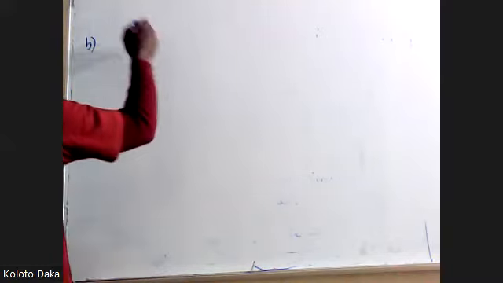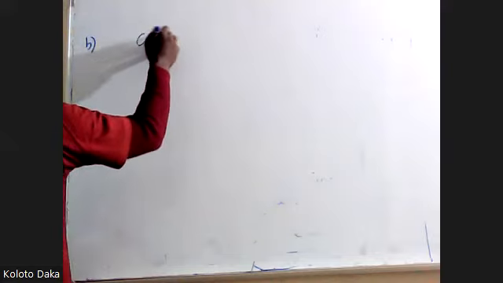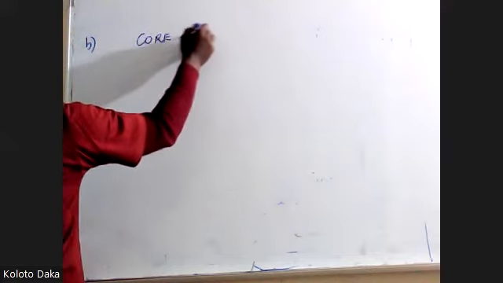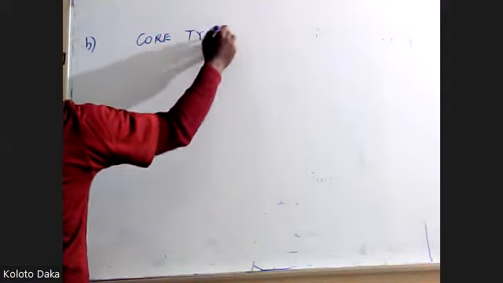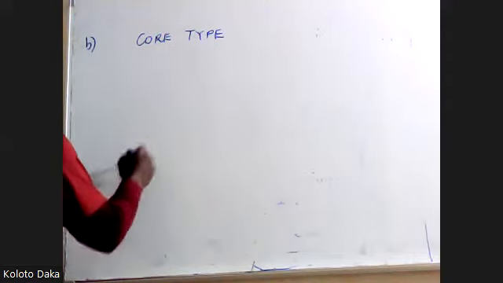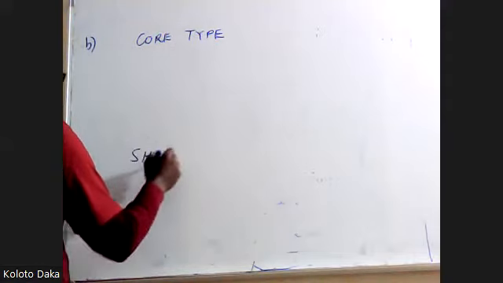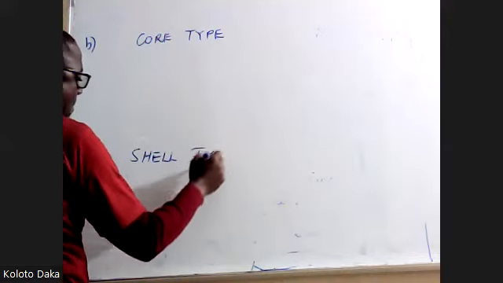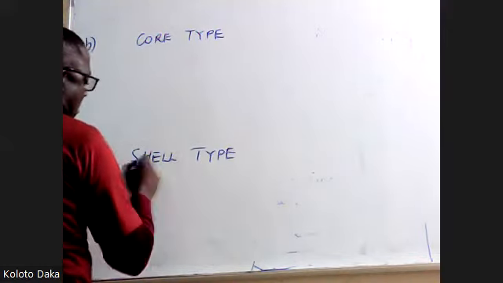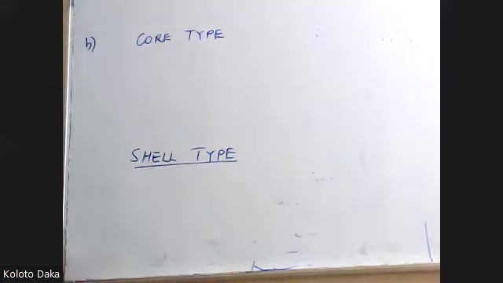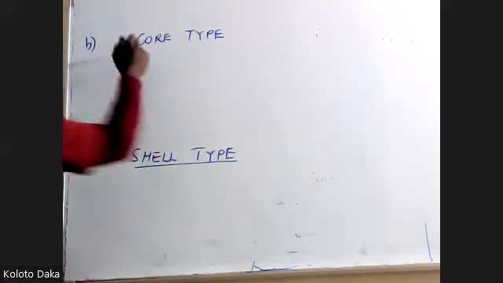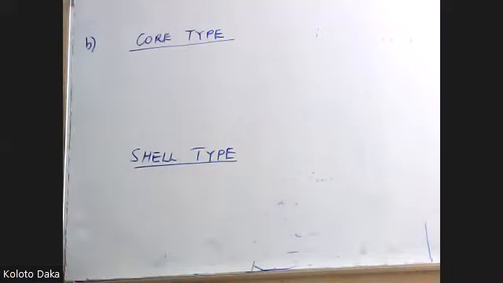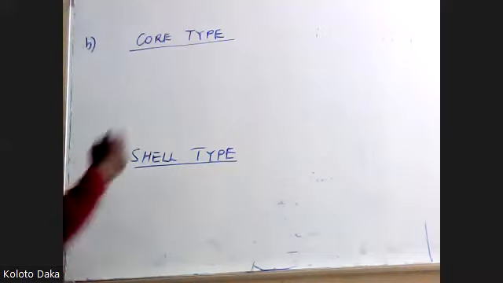So we have two types. There is what is known as core type and shell type. Compare core type.